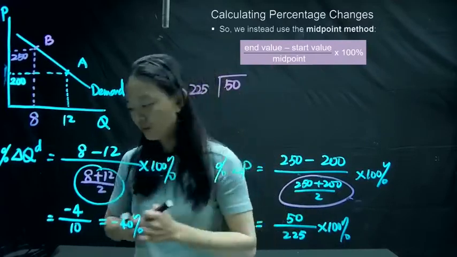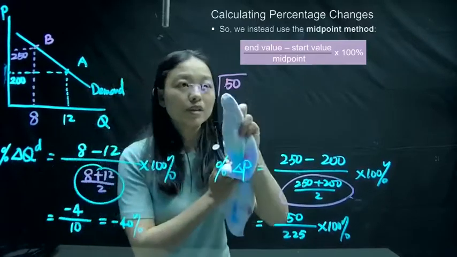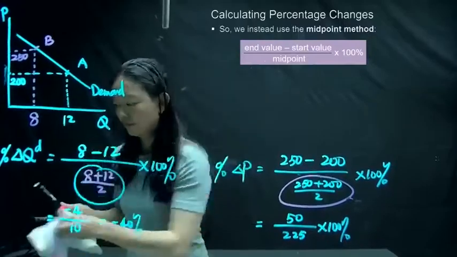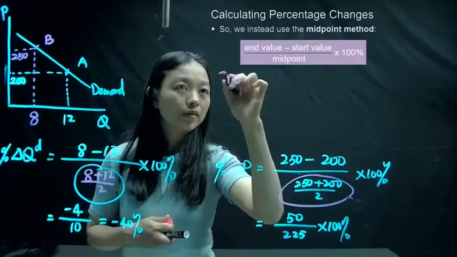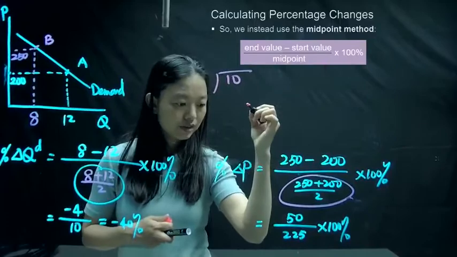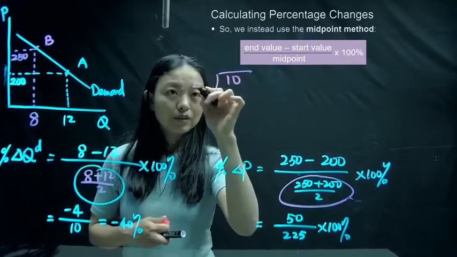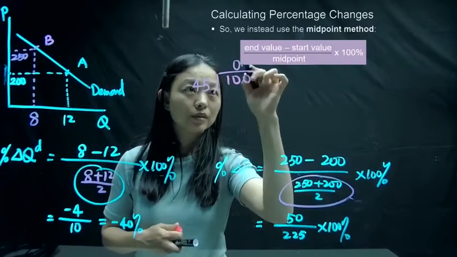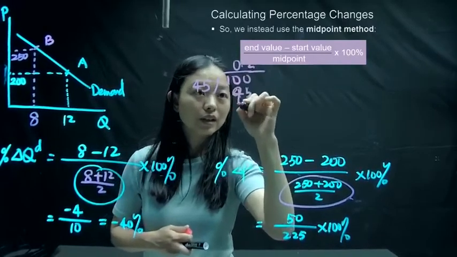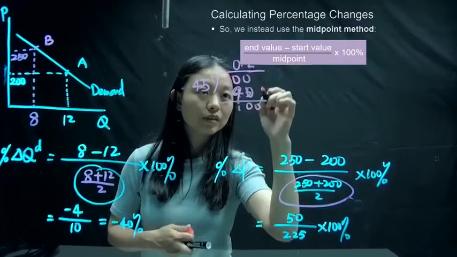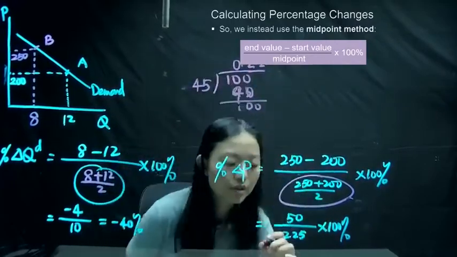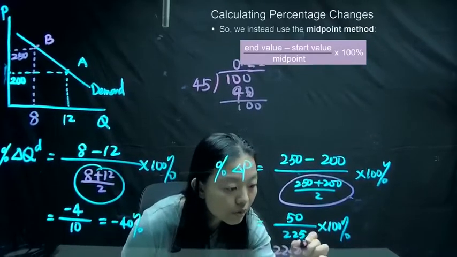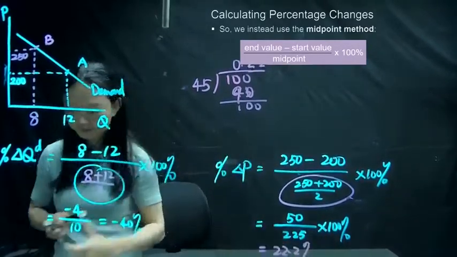Simplify 50 to 10 and 225 to 45, so 10 divided by 45, that is about 22.2%.